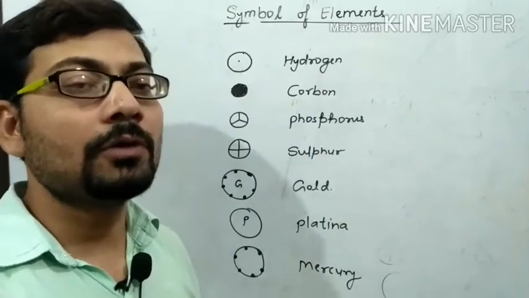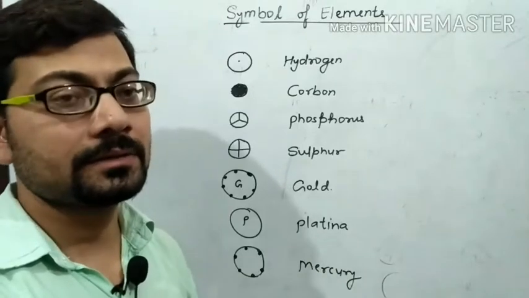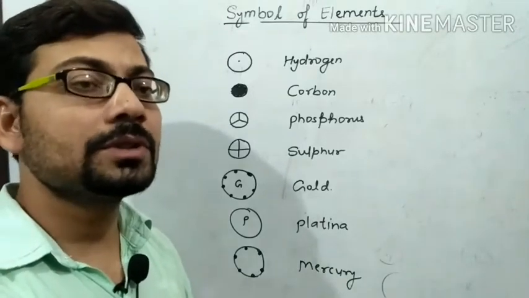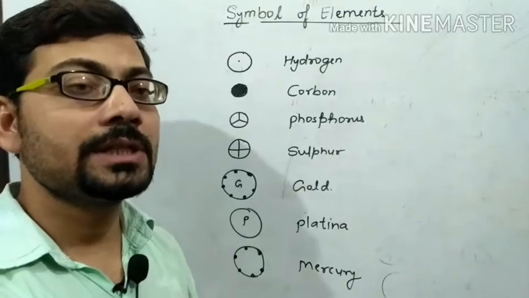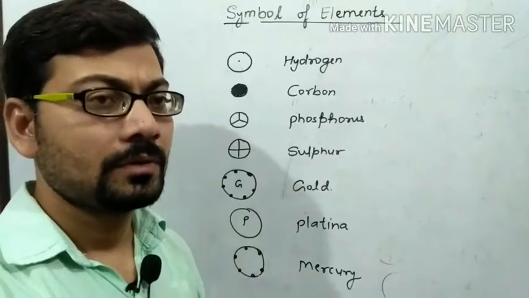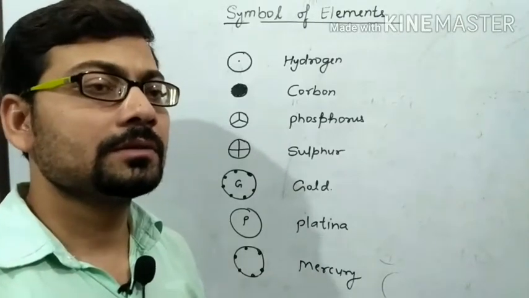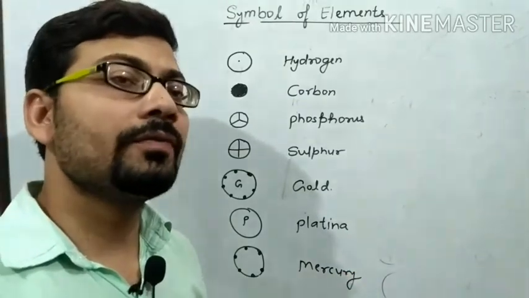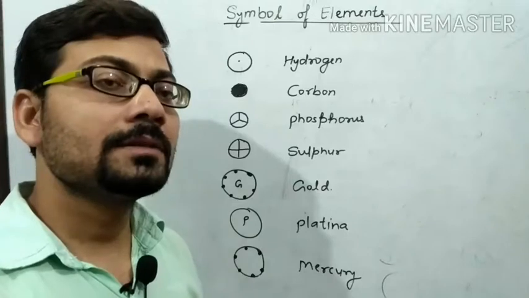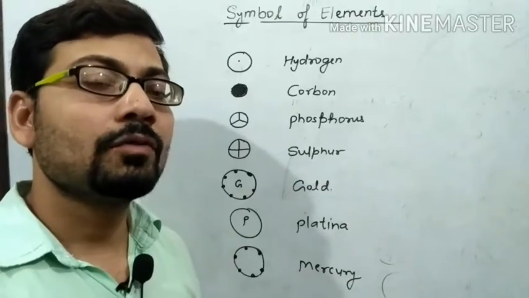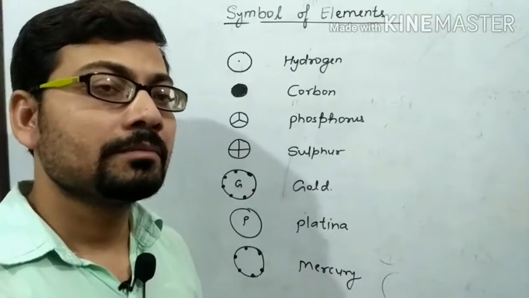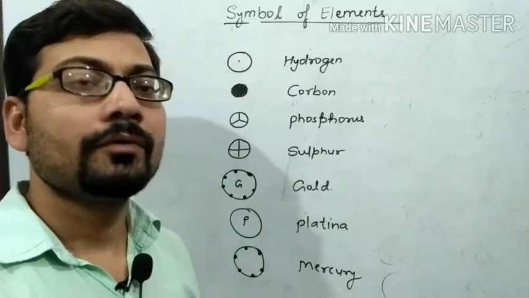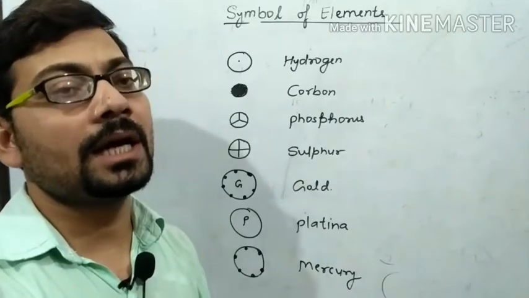In modern days, a scientist whose name was J.J. Berzelius introduced the symbols of elements, written by some rules which are also recommended by IUPAC.